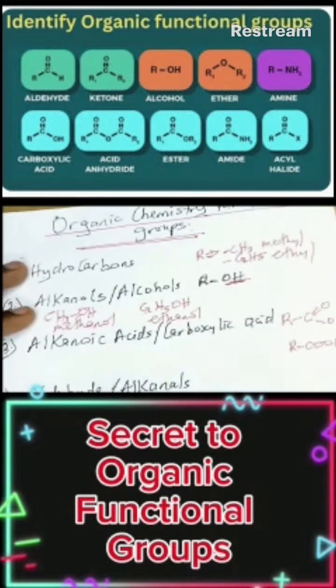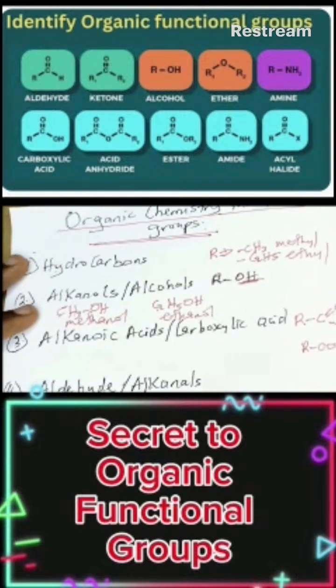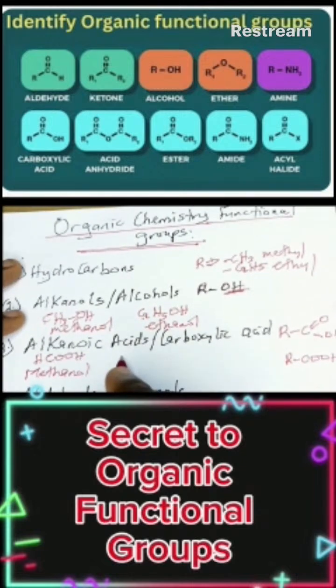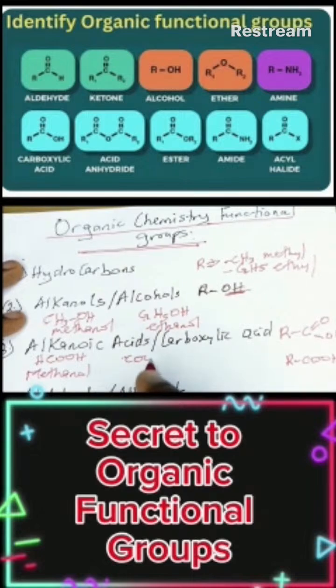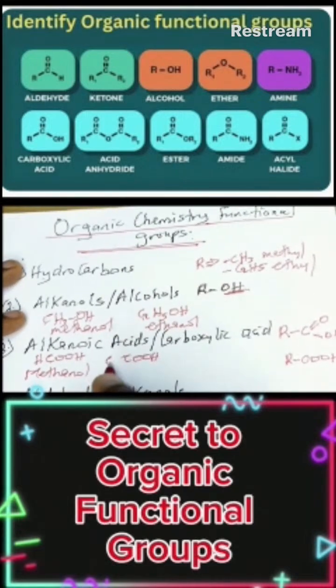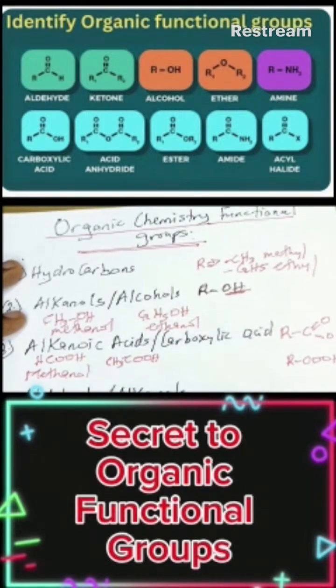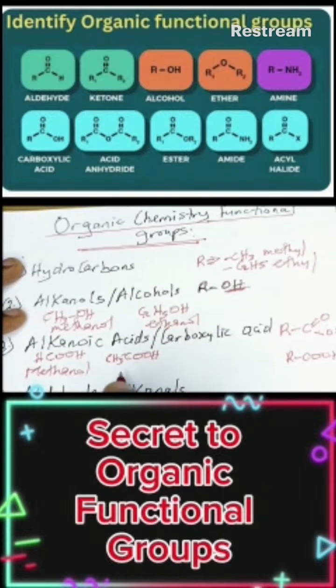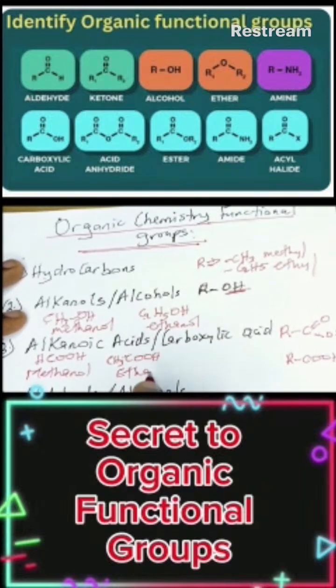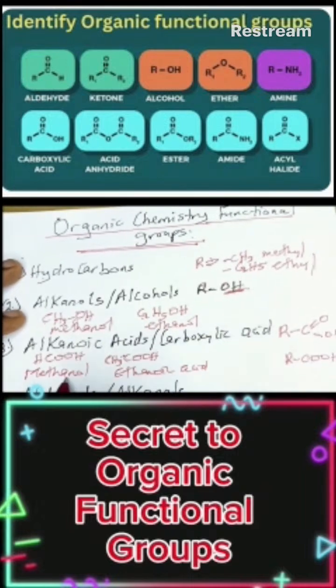Now, different elements of alkanoic acid can be labeled. When there are 2 C's there, COOH, and you have another CH3, it means 1, 2. This is called ethanoic acid. Pardon, this will be called methanoic acid, please.